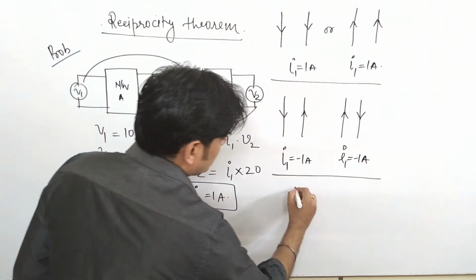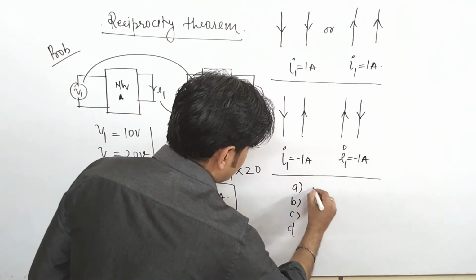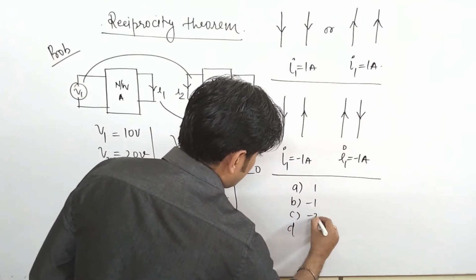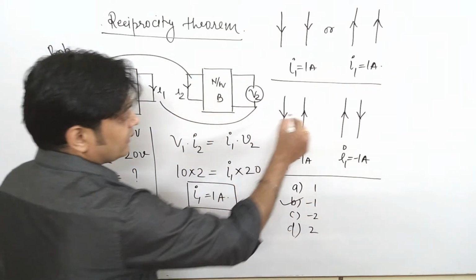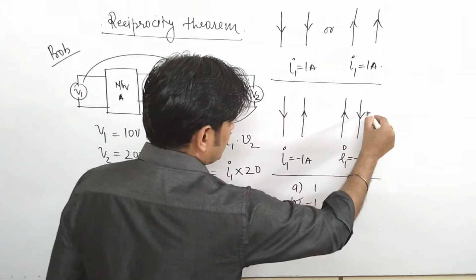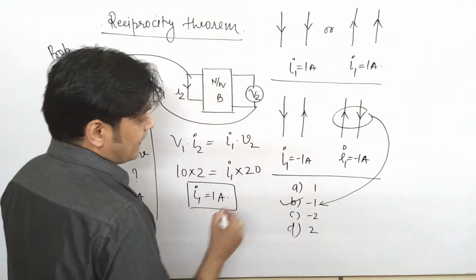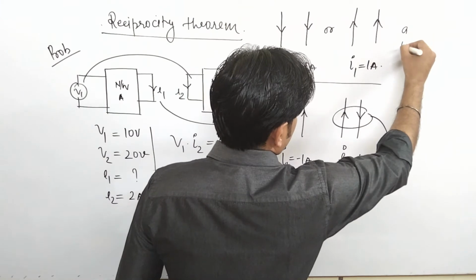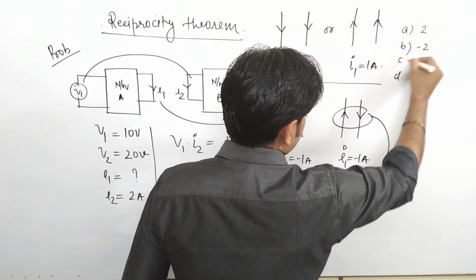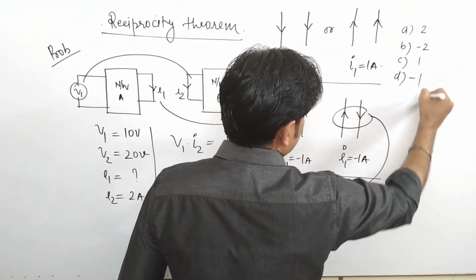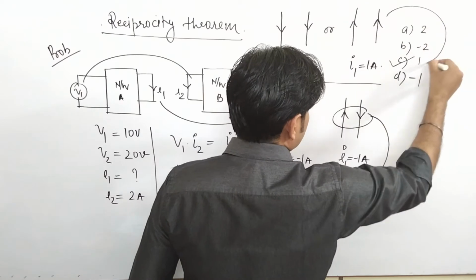You will get options like 1 ampere, then minus 1, minus 2, then 2 ampere. So this is your correct answer when the direction of the current is opposite. Similarly, A, B, C, D are 2 ampere, minus 2 ampere, 1 ampere, minus 1 ampere. So under this condition your correct answer is C.